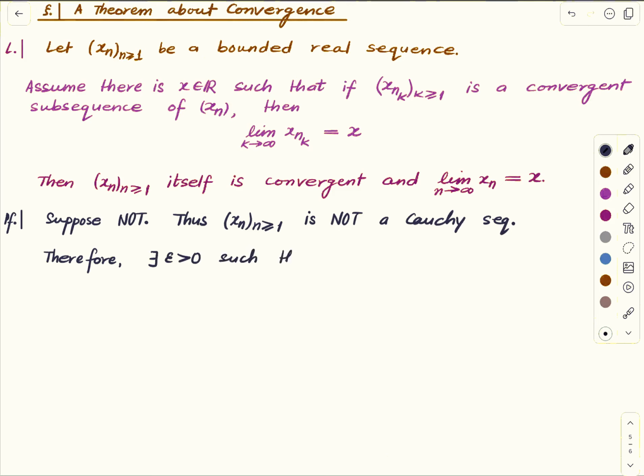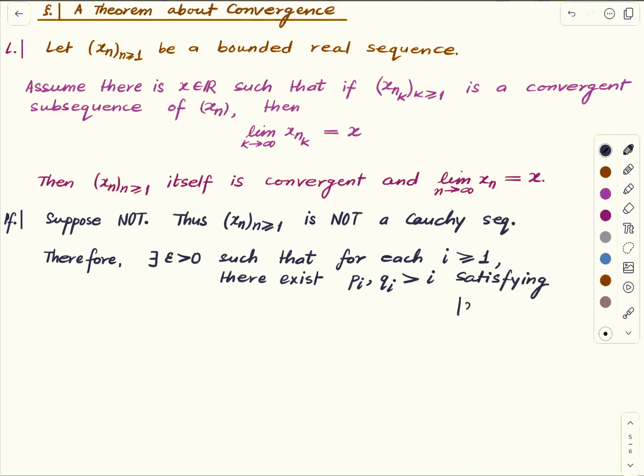for each i, we will use the index i, which looks a little ugly, but let's use it. Such that for each i, we can find two natural numbers, p_i and q_i, both exceeding i, satisfying this inequality.